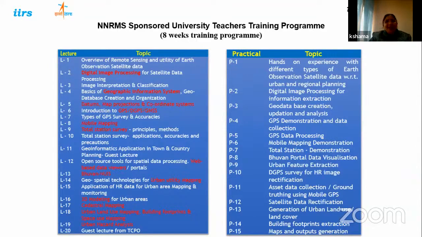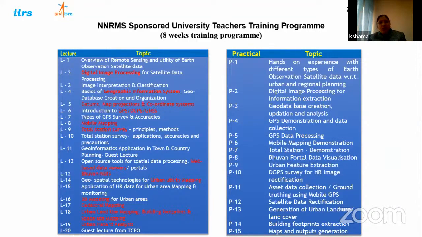Now this is one of the teachers training programs which IIRS conducts every year for university and college teachers, where a lot of information on remote sensing and GIS is packed into 8 weeks. It is an 8 weeks program, but because of COVID it is running as only a 2 weeks or 4 weeks program.